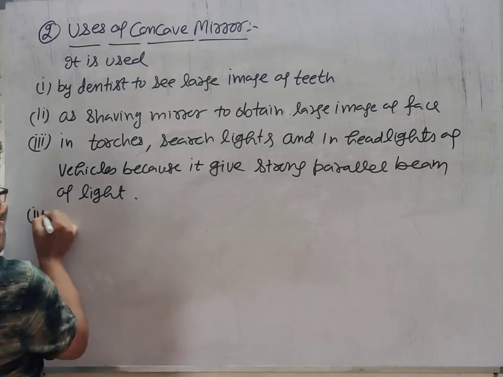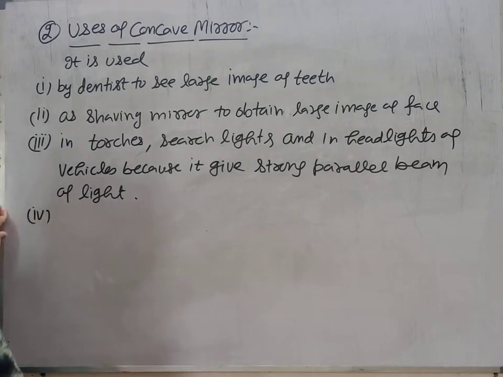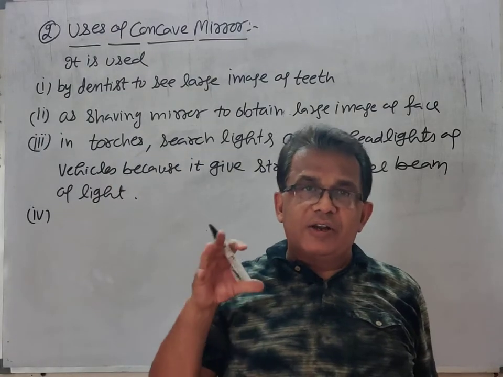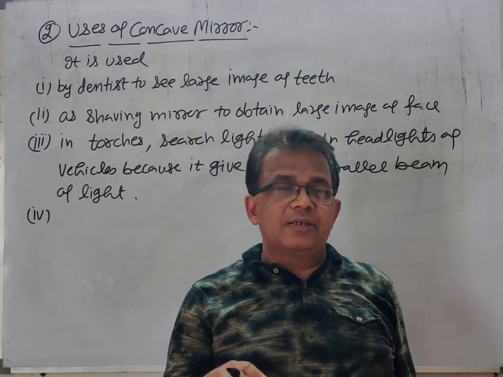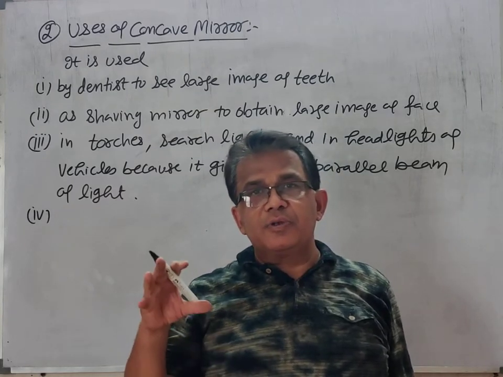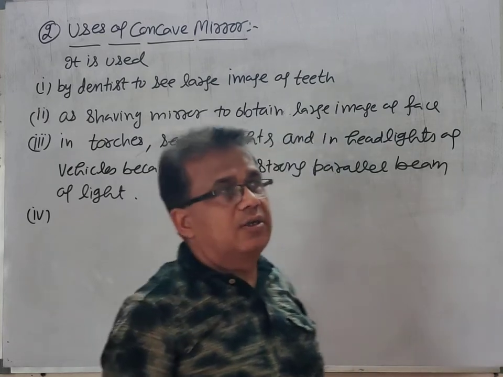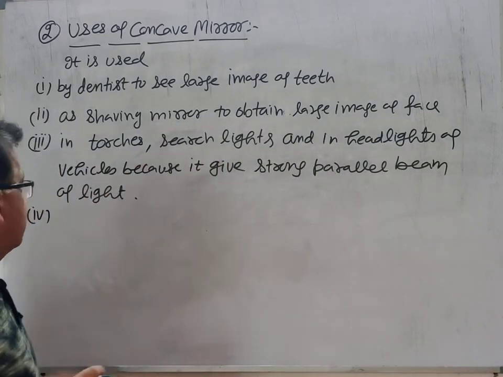It is used in a solar furnace because I have told you it is a converging mirror. So it converges, that is concentrates, collects sunlight at one point. Therefore the temperature at that point increases.